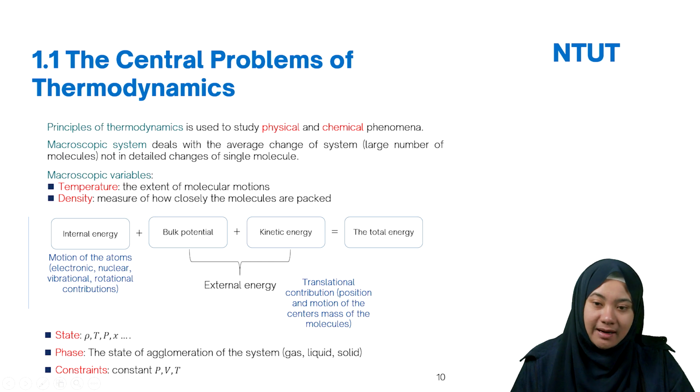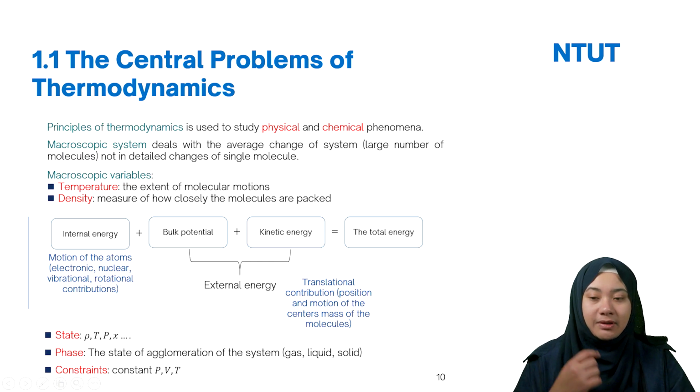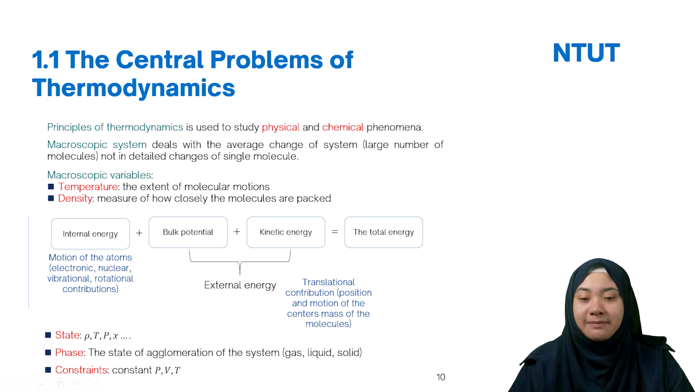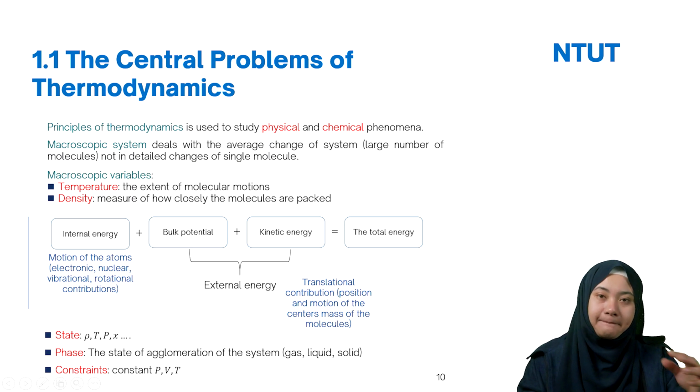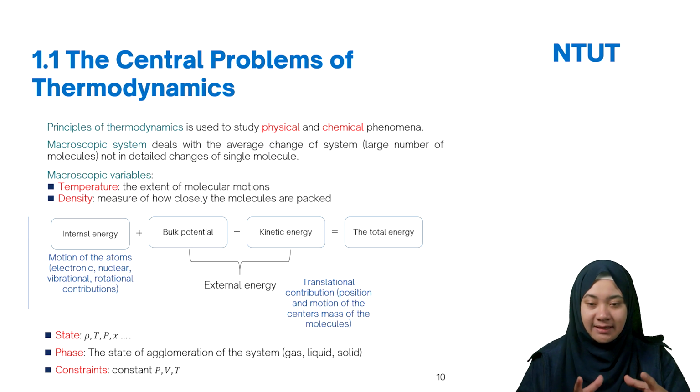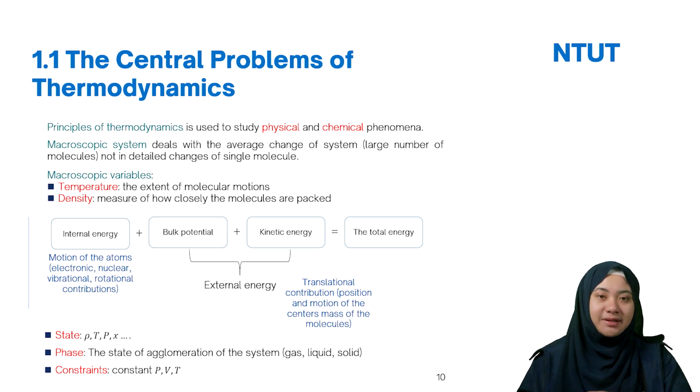So the central problems mostly happen in thermodynamics. We have the principles of thermodynamics, which are not only about chemical but also about physical phenomena. For example, I have a reactor.